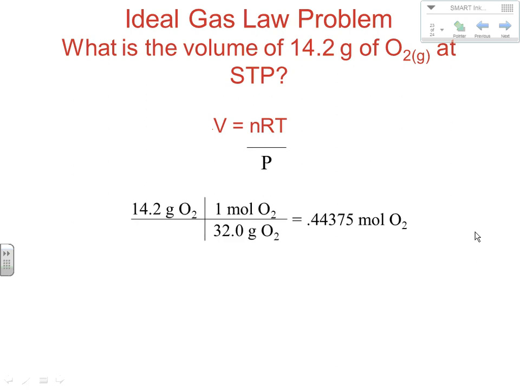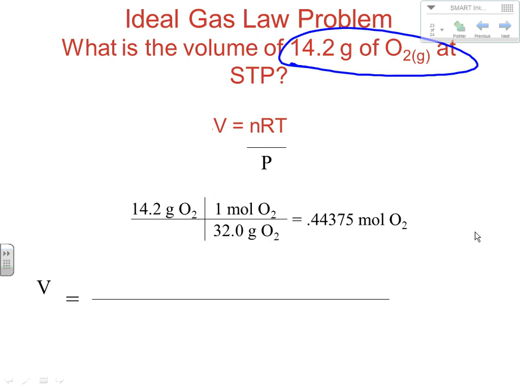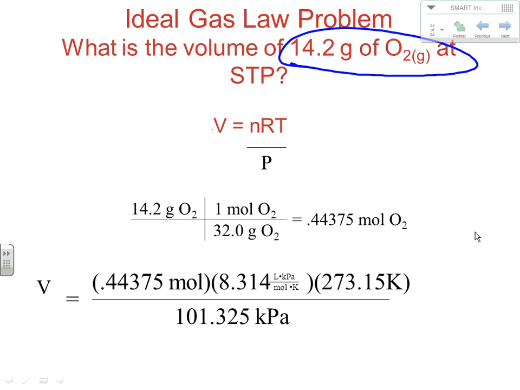Now, in order to plug in my numbers, I have to have things in proper units. Remember I said earlier, whenever you see a mass, you've got to change it to the number of moles. Using our molar mass conversion, we know how many moles of oxygen we have, and notice I've left it to extra significant digits. So I can plug that into PV equals nRT. Since it said STP, I could have used 1 atm or 101.325 kilopascals, I just have to get the appropriate R value for it.